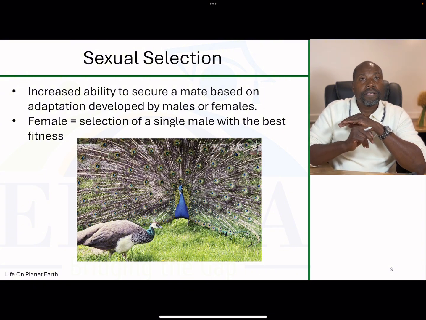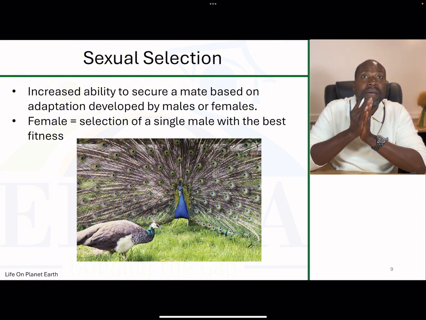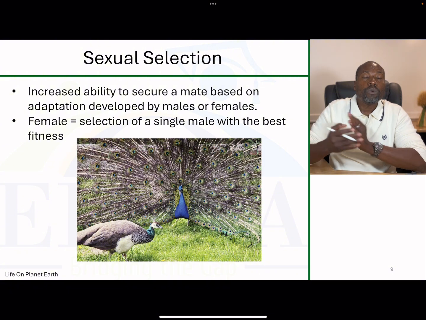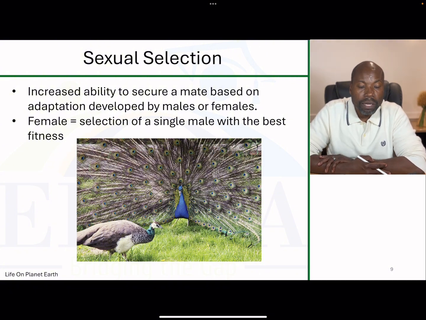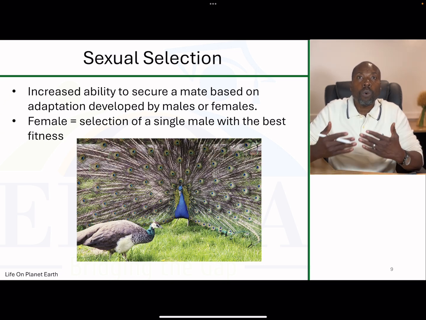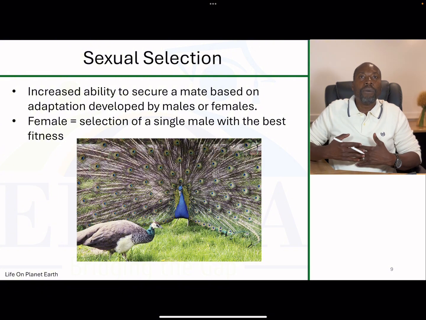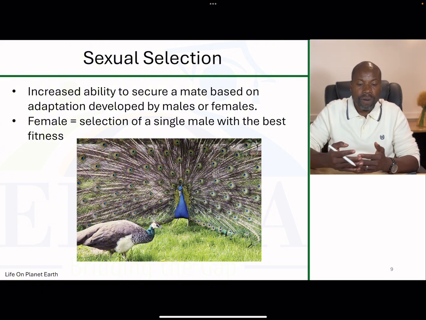So selection can also be based on reproduction. Now, in the population, whenever there is sexual reproduction, mating is never random. Mating is never random. Organisms are going to go toward the one they feel the more attraction to, right?